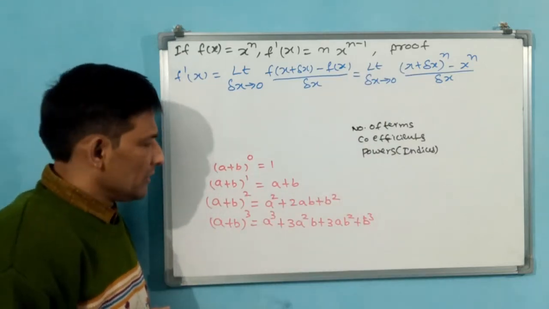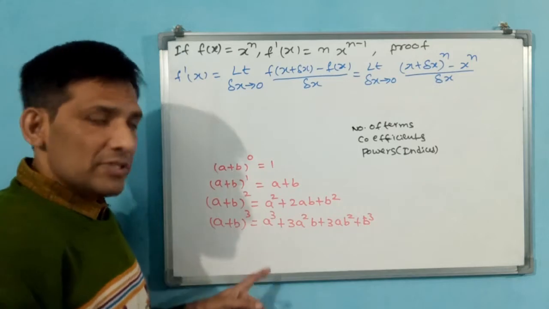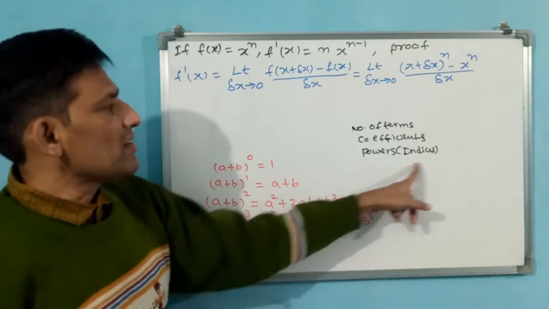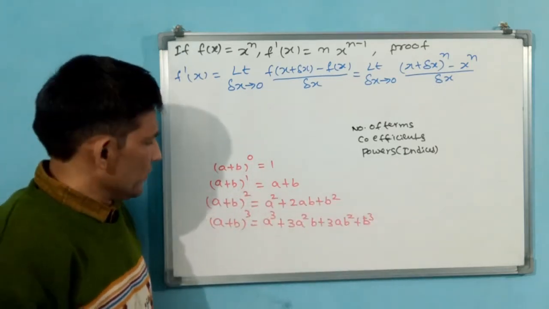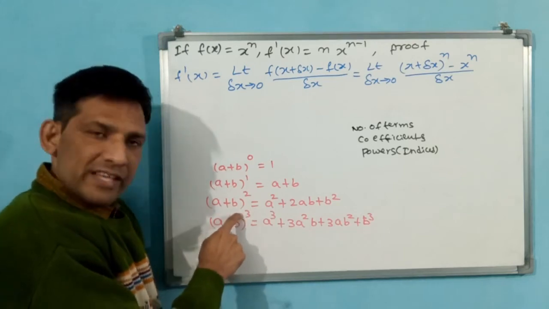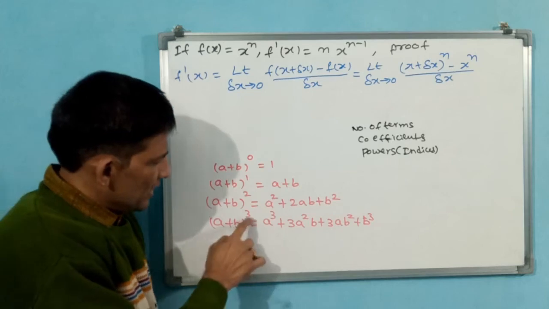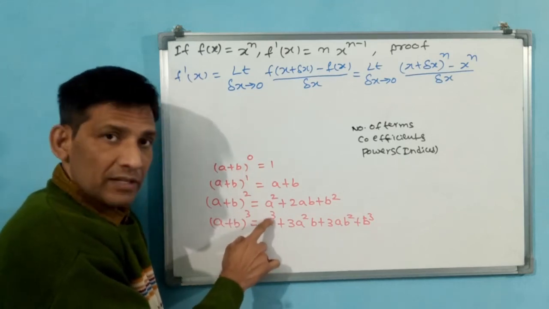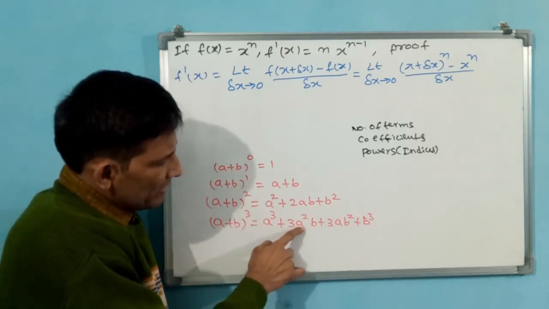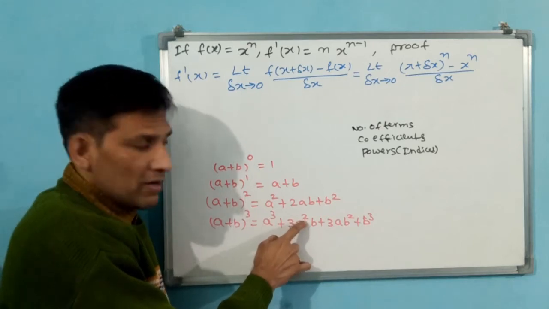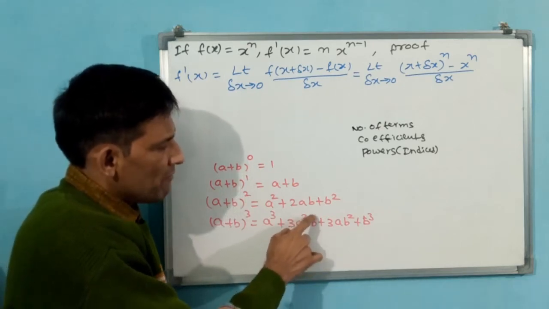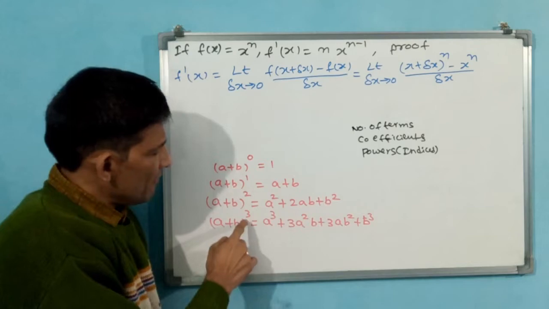Next, you see carefully how powers are distributing. If power 3 is there, in each term that power is matched. You see here power 3, here also power 3. In the second term also power 3 is there, because A is having power 2, B is having power 1. Total power matched.